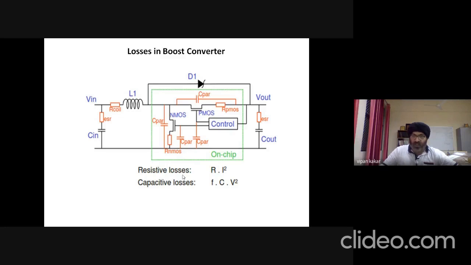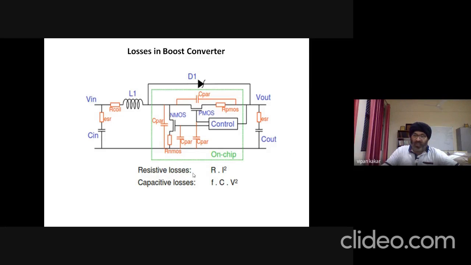So what are the losses? Resistive losses, we have I square R. Capacitive losses we have because all these switches have their own parasitic capacitances, and input and output capacitances are already there.